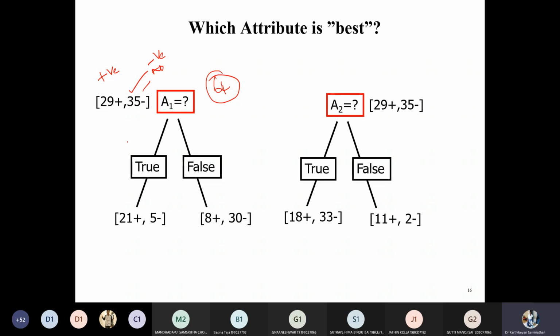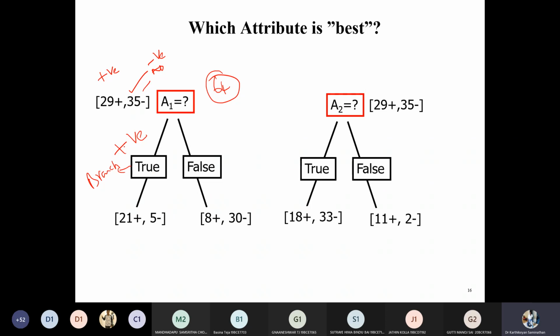Like in the previous rain forecasting example, it may be sunny, sky, humidity, climate, something, right? So in this we have true or false.